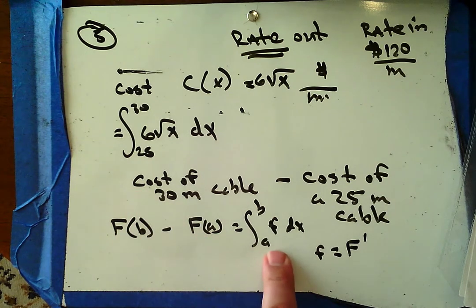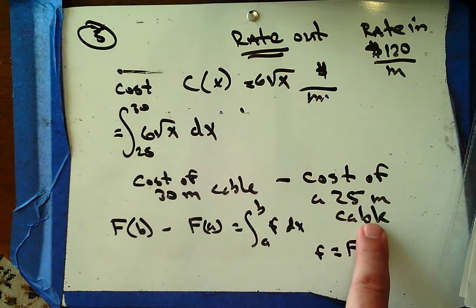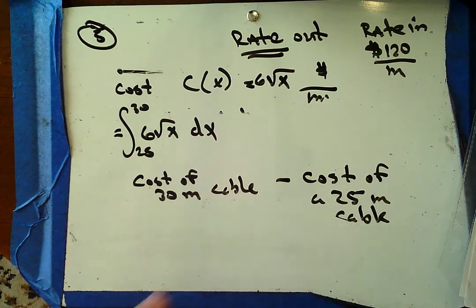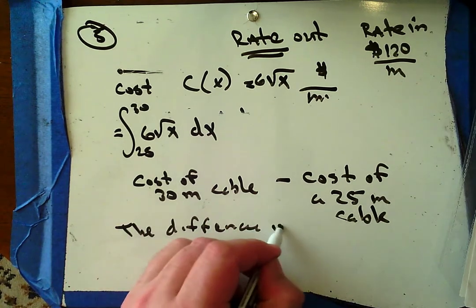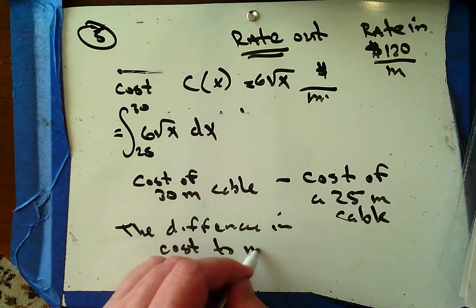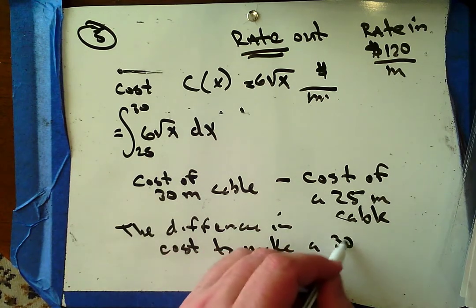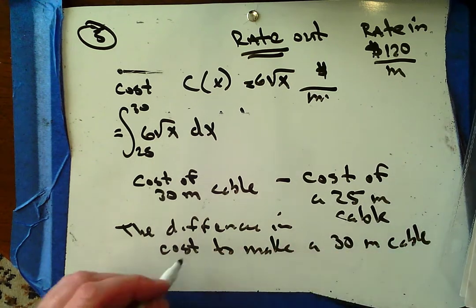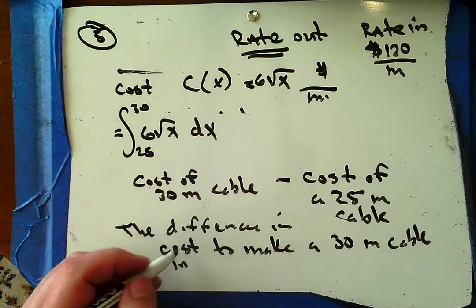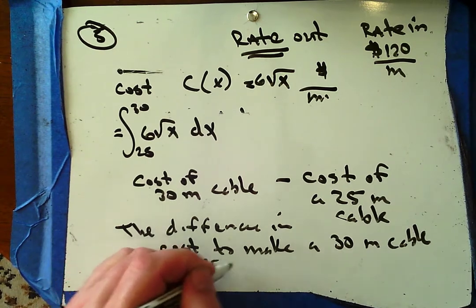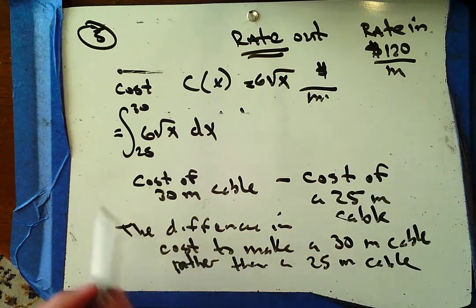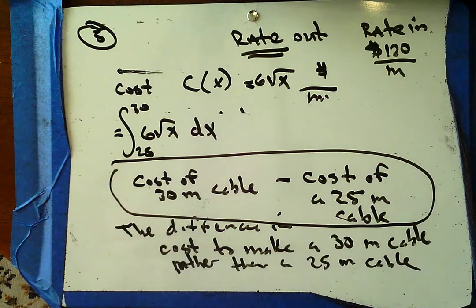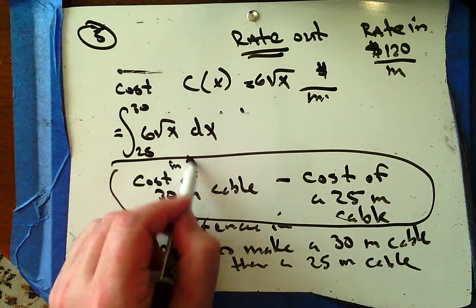This is dollars at A, therefore the cost of a 25-meter cable. So what we're finding here is the difference in cost to make a 30-meter cable rather than a 25-meter cable. Or you could write something like this. That would be sufficient as well. And using correct units, cost in dollars.